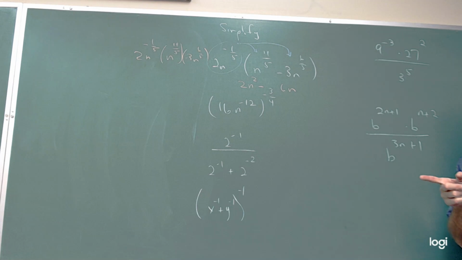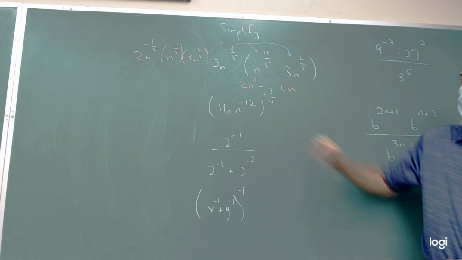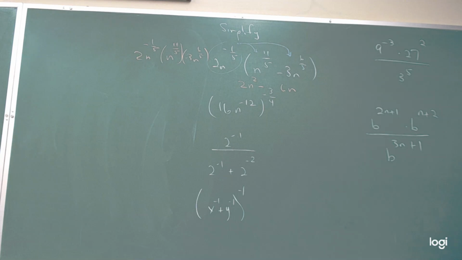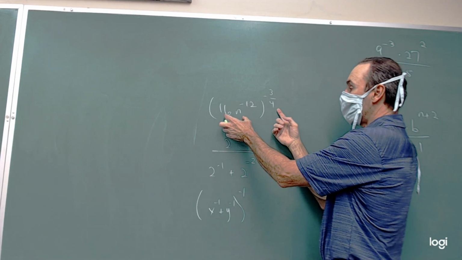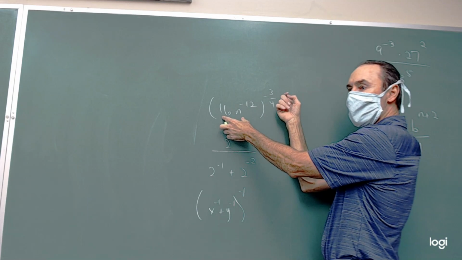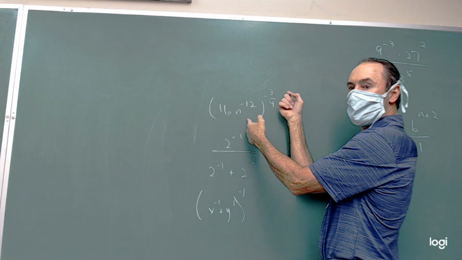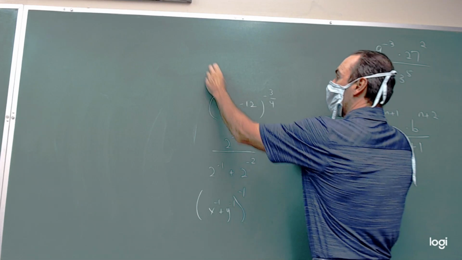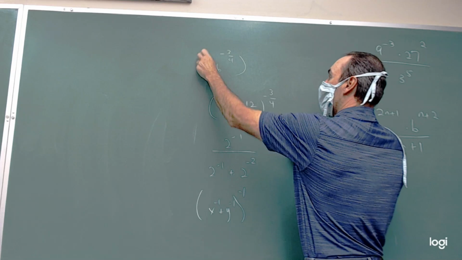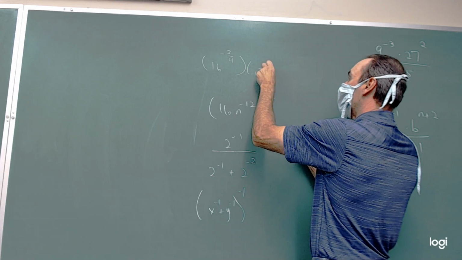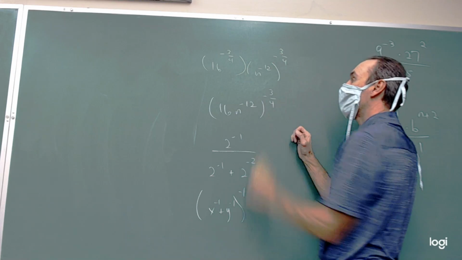Other questions? All right, let's tackle this one, whatever next group we have. So now these, we talked about, these are both being multiplied raised to the power, which means each of these gets raised to that power. So we're going to get the 16 to the negative 3/4, and then we're going to also get the n to the negative 12 raised to the negative 3/4.